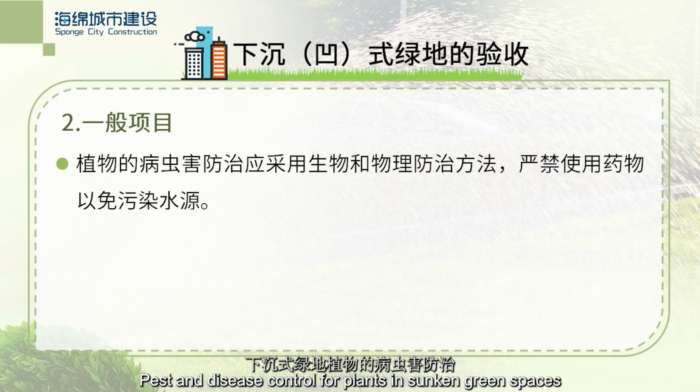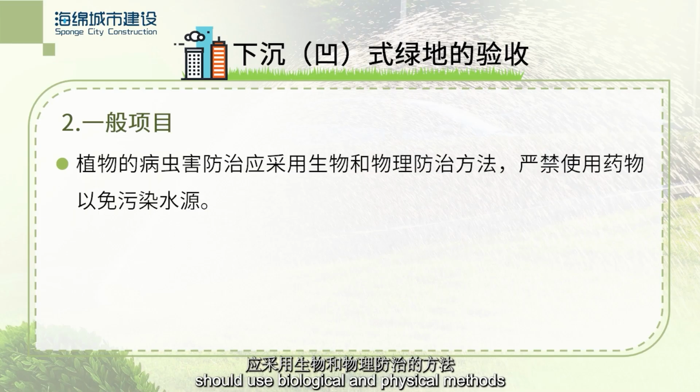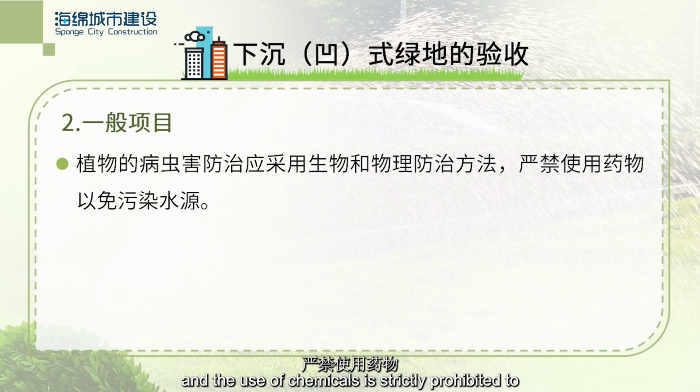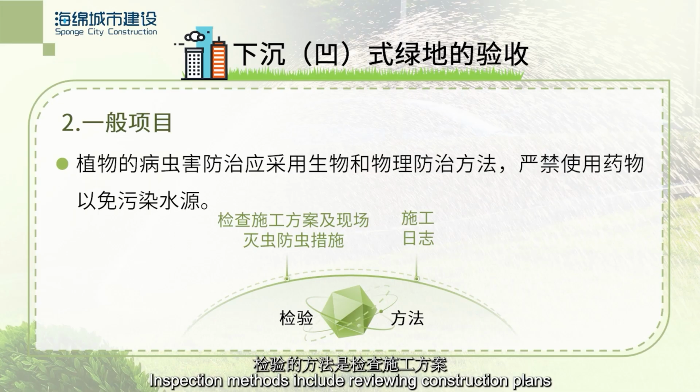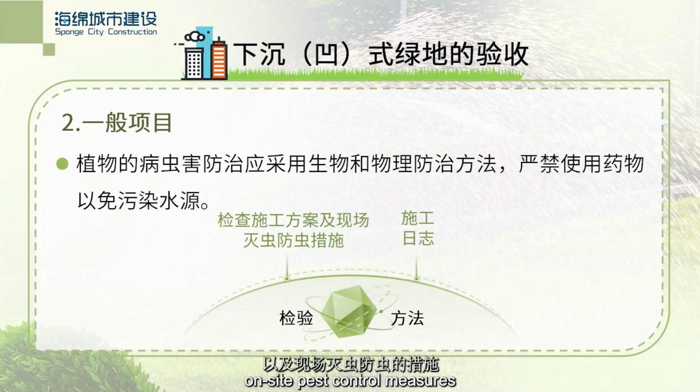Pest and disease control for plants in sunken green spaces should use biological and physical methods, and the use of chemicals is strictly prohibited to avoid contaminating water sources. Inspection methods include reviewing construction plans, on-site pest control measures, and construction logs.